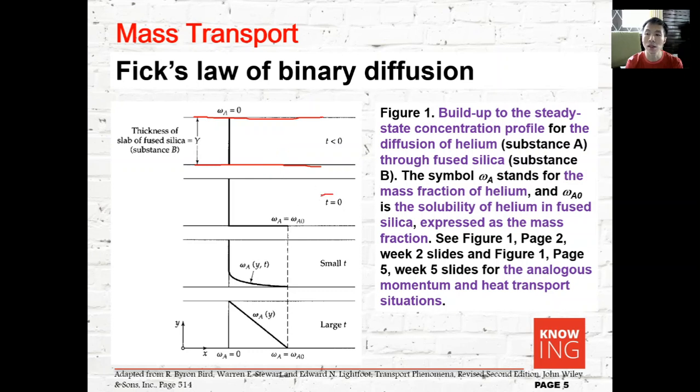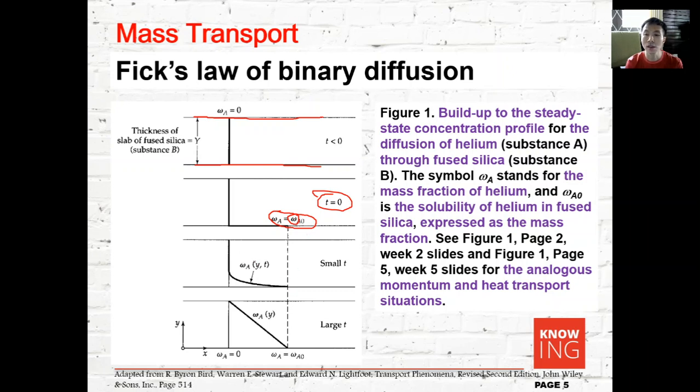Then suddenly at time t equals 0, the air is replaced by helium, and helium is soluble in silica. As you can see, the solubility of the helium in the silica is given by these notations, where omega refers to the mass fraction of helium in the silica.